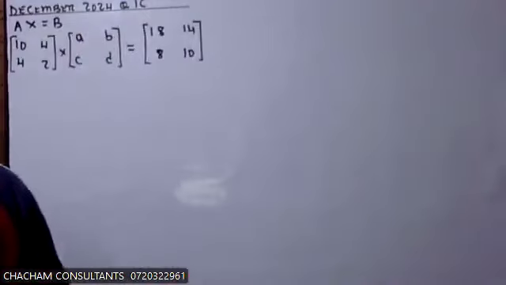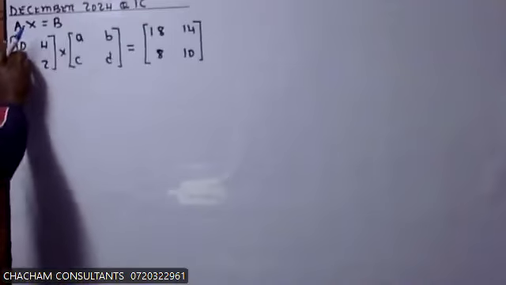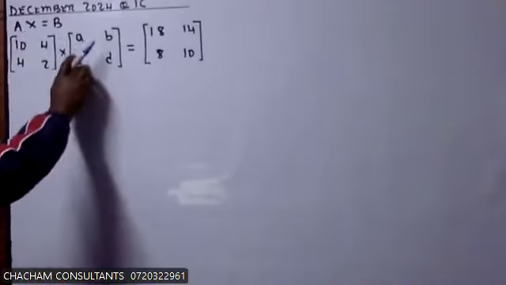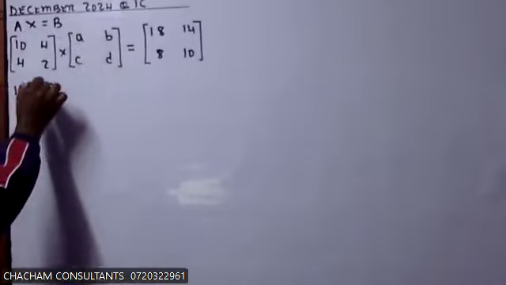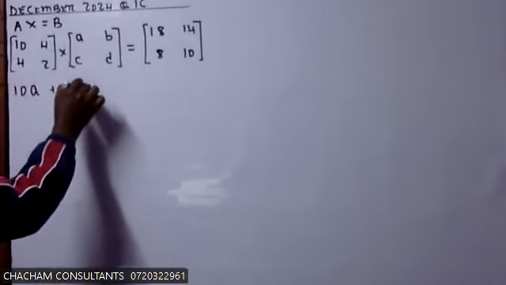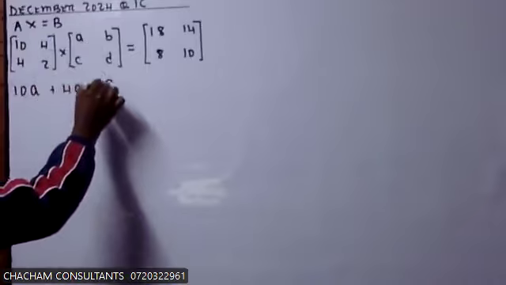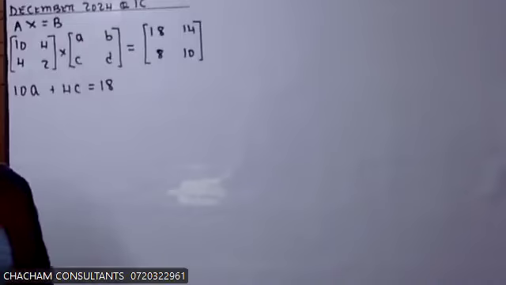So in this case, we said when you are multiplying matrices, you take this row, multiply by this. So it's going to be 10A plus 4C should be equal to 18.